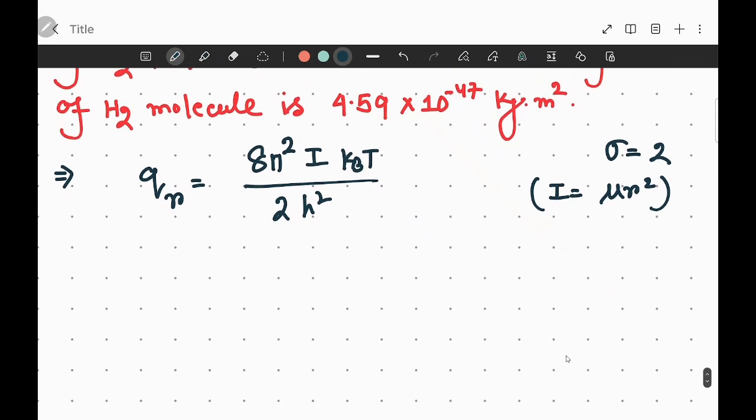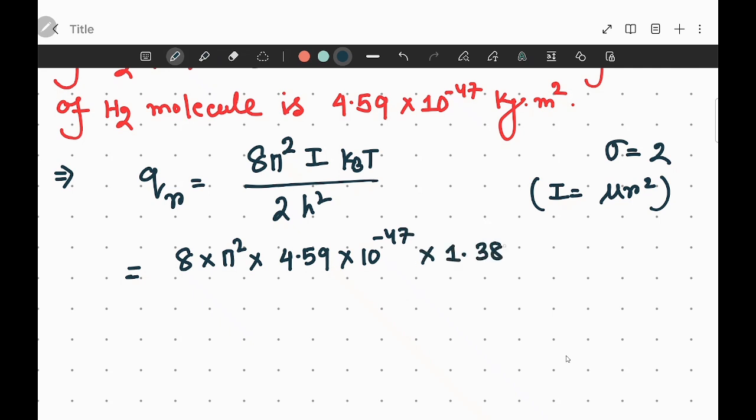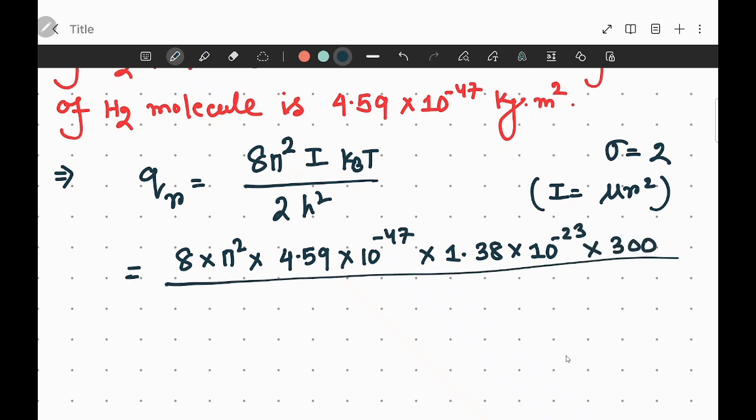Just put it in. So it is 8 pi square, I is 4.59 into 10 to the power minus 47, kB is 1.38 into 10 to the power minus 23, temperature is 300, divided by 2 into 6.626 into 10 to the power minus 34 whole square.